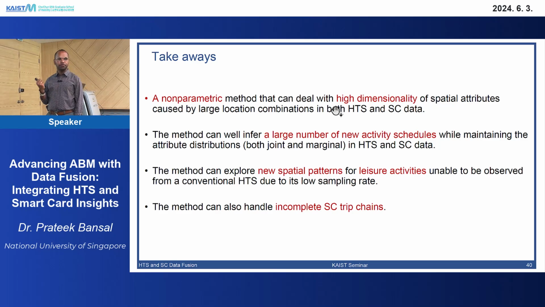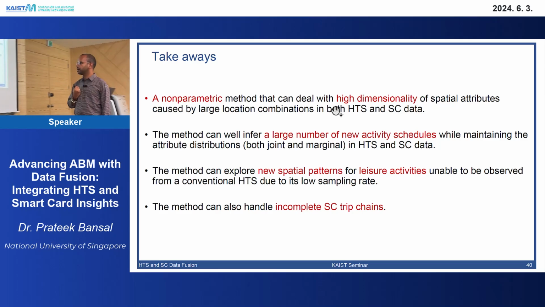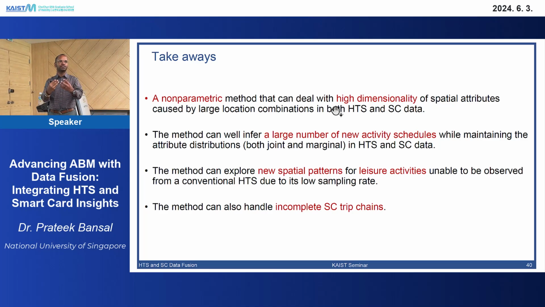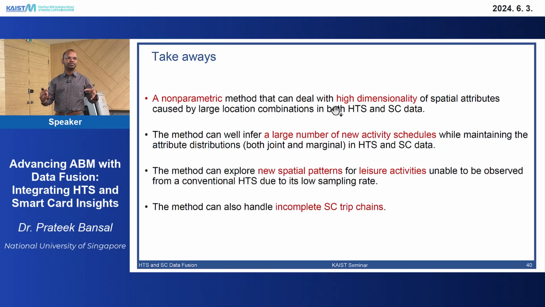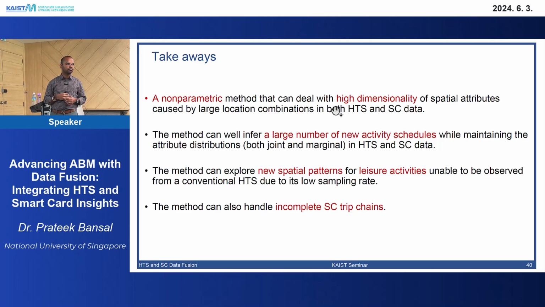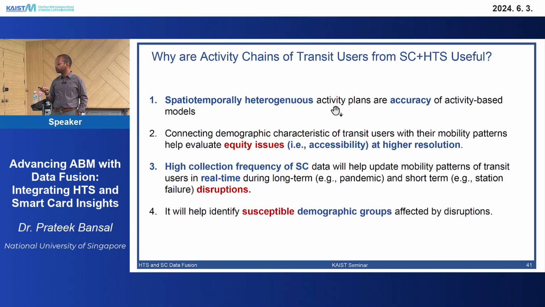And we are able to get some new spatial patterns in the leisure activities. Because we are first doing the data fusion for the transit trips and then inferring the out-of-transit trips, it also works well with incomplete SC trip chains.